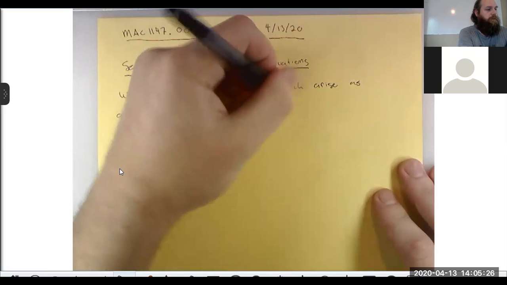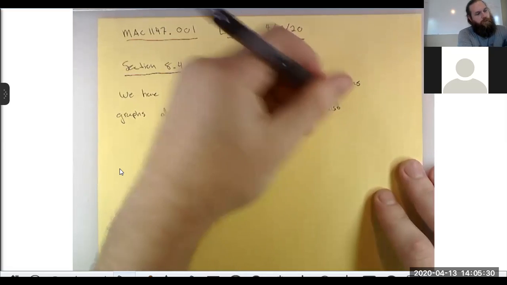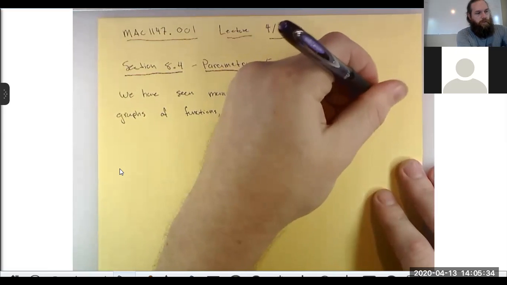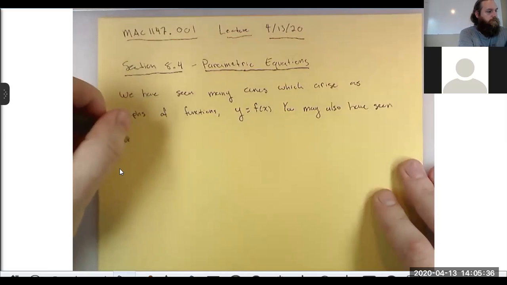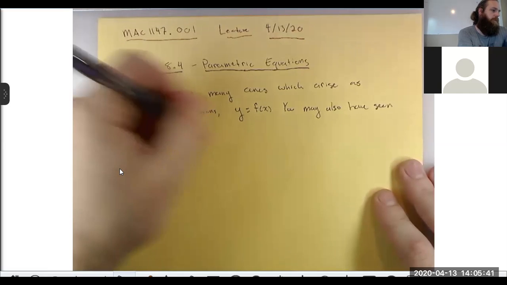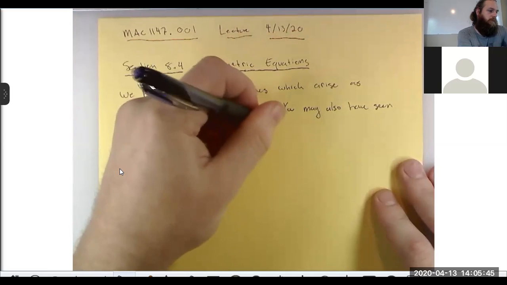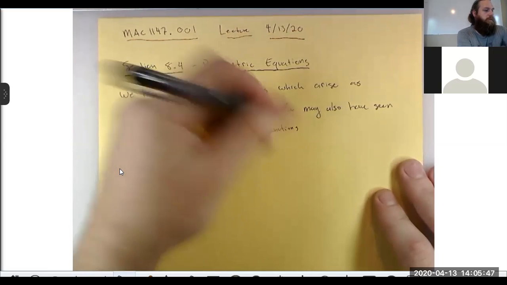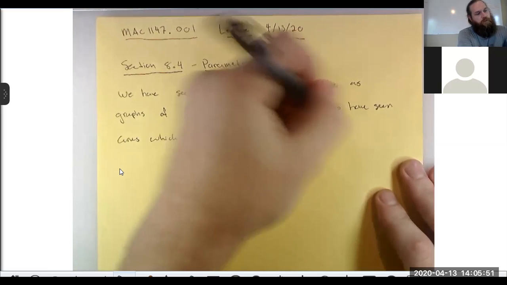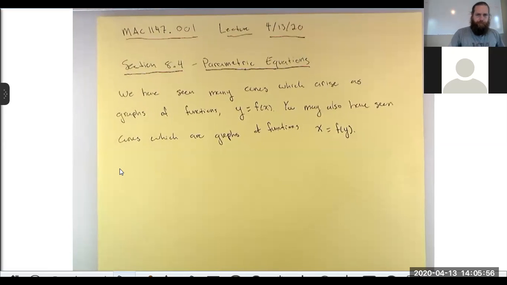You may also have seen, though we haven't talked about them much in this class, curves which are graphs of functions where, instead of y being a function of x, sometimes x is a function of y.